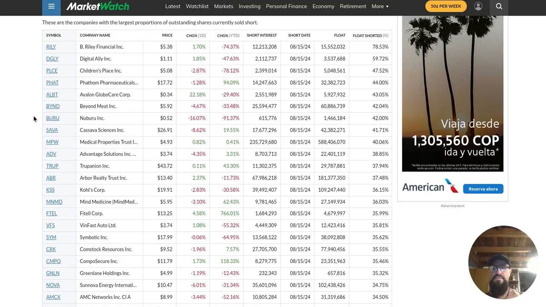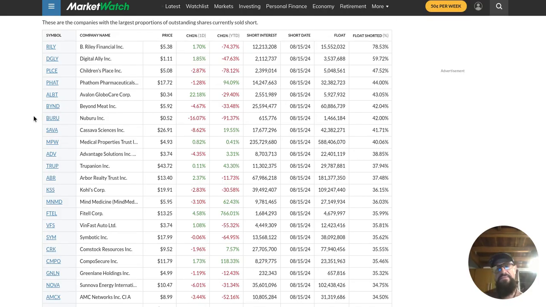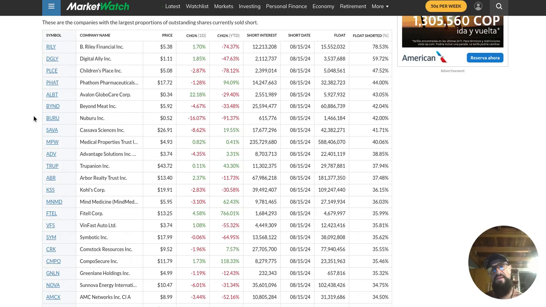What that means is that your broker is going to charge you a lot of interest to short sell those stocks. Possibly the game is not going to be worth the candle.